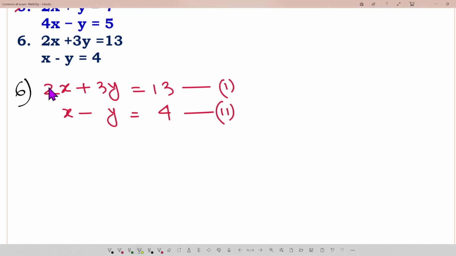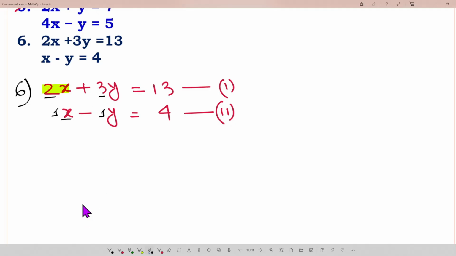Look, here is 2x, it means 2 is the coefficient of x. Similarly, here is x, so the coefficient is 1. In equation 1, 3 is the coefficient of y and 1 is the coefficient of y in equation 2, but there is no similarity.